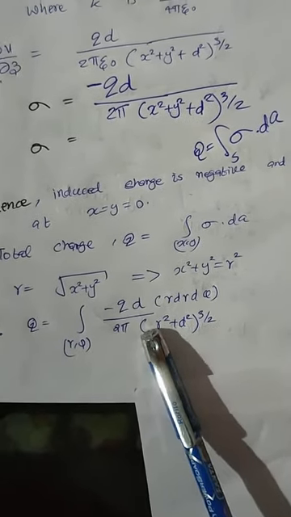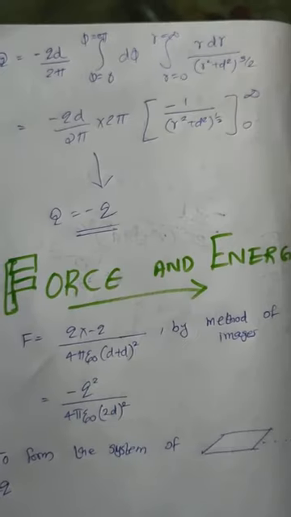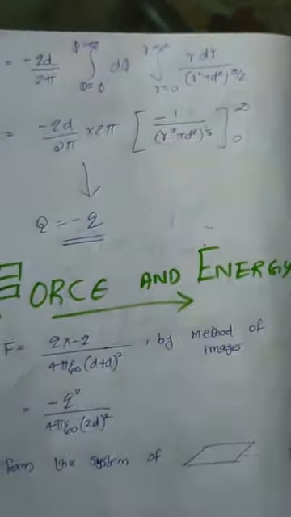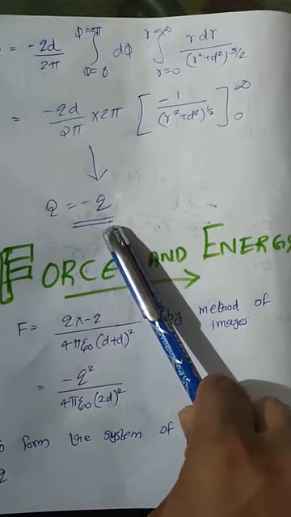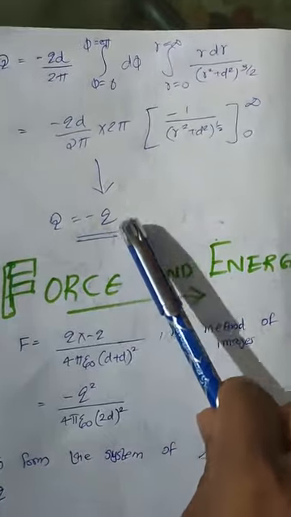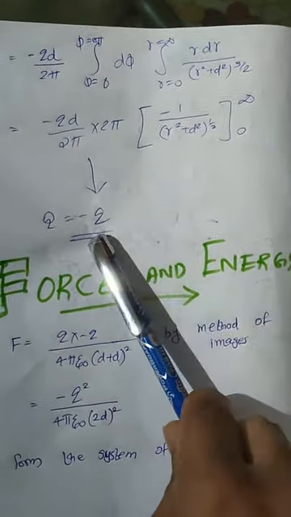The x squared plus y squared is substituted by this, and we do here, and this is the step. We can observe from this step that we get minus q, so the charge induced, or the charge that we had to find, is minus q.